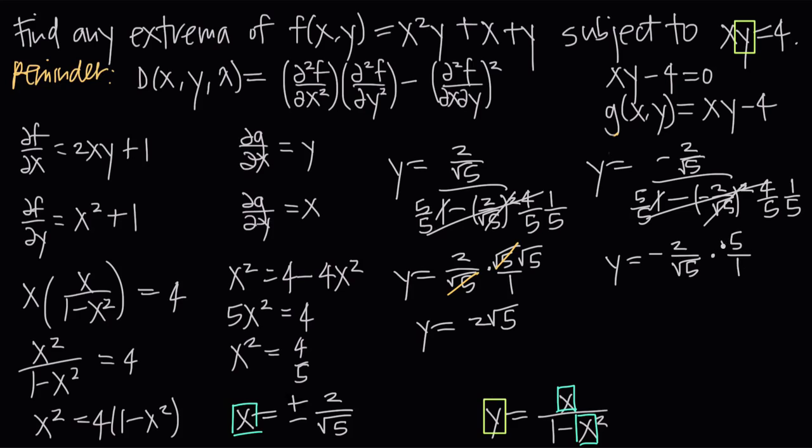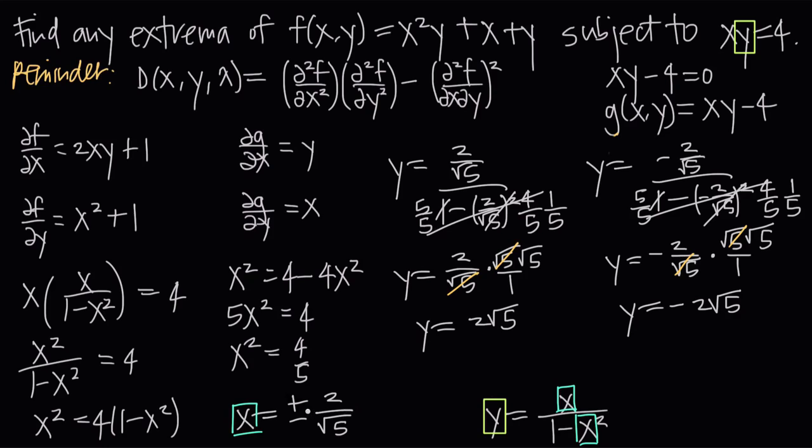And then we call 5 the square root of 5 times the square root of 5, and we cancel the square root of 5 from both the numerator and denominator, and we say y is equal to negative 2 root 5.